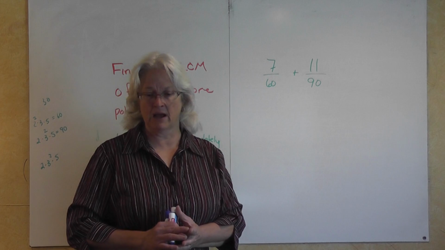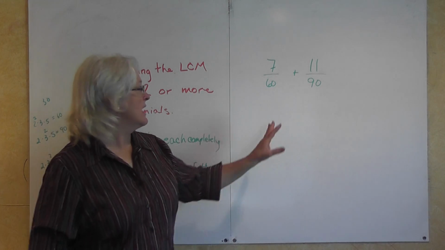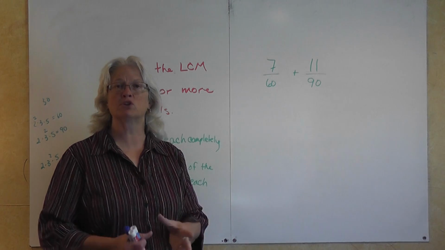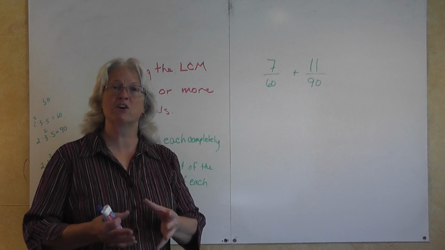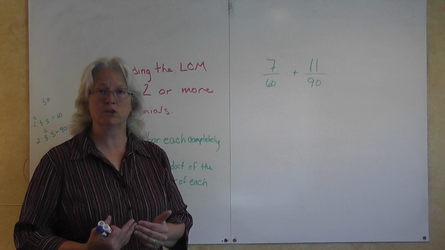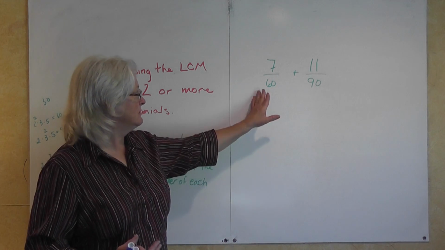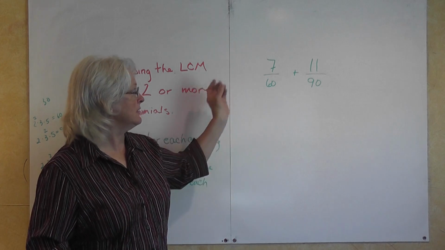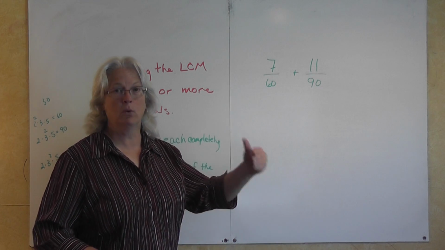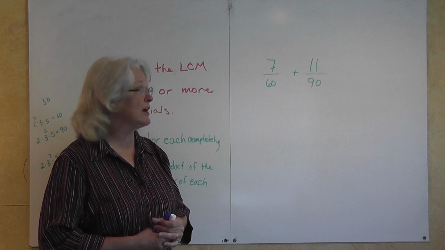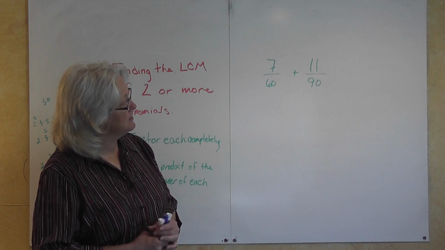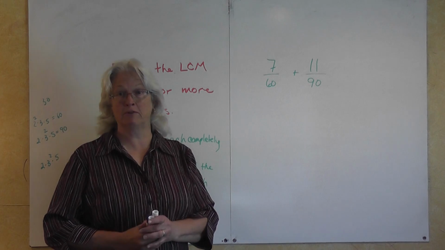So we want to learn how we're going to add rational expressions that have different denominators, and I want to show you and illustrate to you that it's very similar to the method in which you learned how to add together two fractions with different denominators. Now maybe way back when you first began to work with fractions you thought, okay, 7 over 60 plus 11 over 90, that must equal 19 over 150.